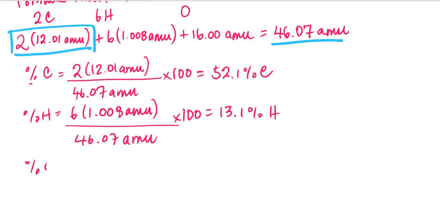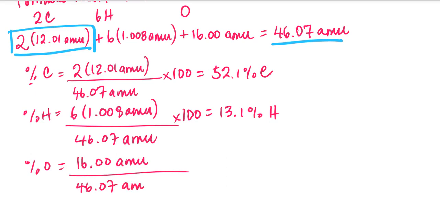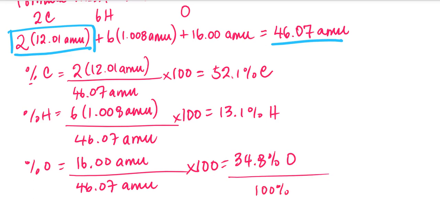And then if I repeat that once more for oxygen, I would take the term that corresponds to oxygen, divide by the formula mass of the compound, multiplied by 100, and I should get 34.8% oxygen. Now again, a good check would be to add all of the percent compositions together, and that should give you 100%.